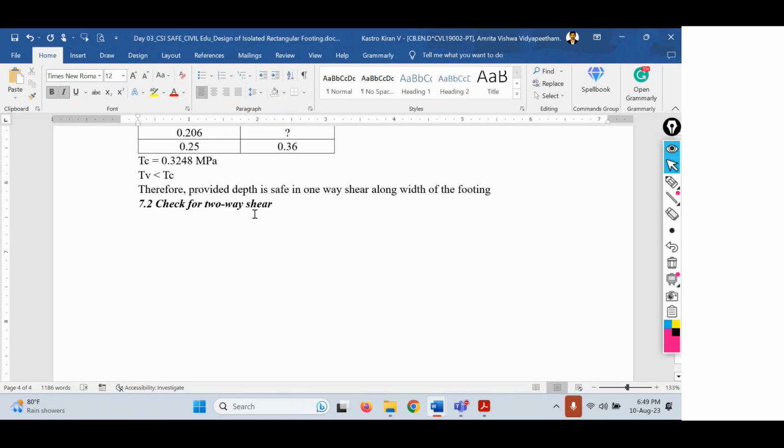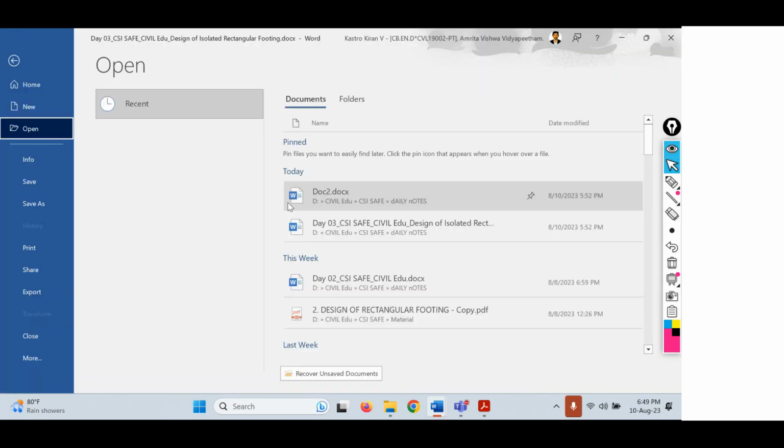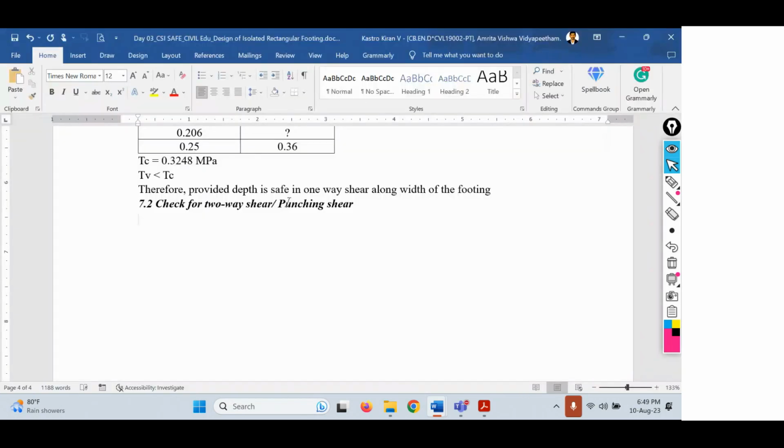So the check for two-way shear. Two-way shear is also called punching shear. We have talked about the types of failures of foundation: global shear, local shear, and punching shear. So for two-way shear, you can also call it punching shear. When we are calculating the two-way shear force, we have to consider the critical section.